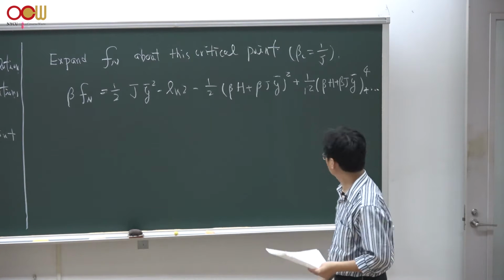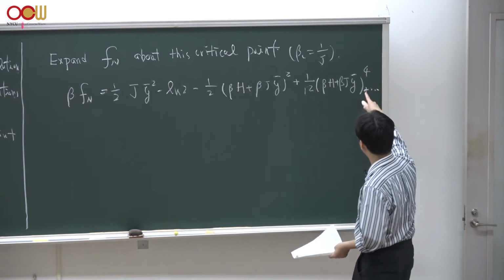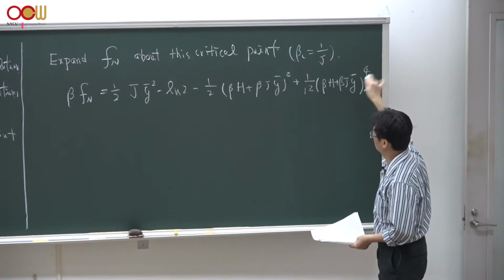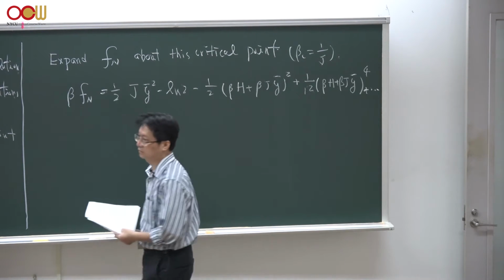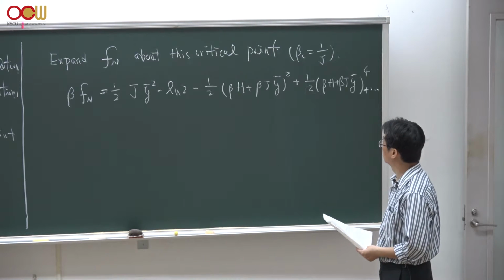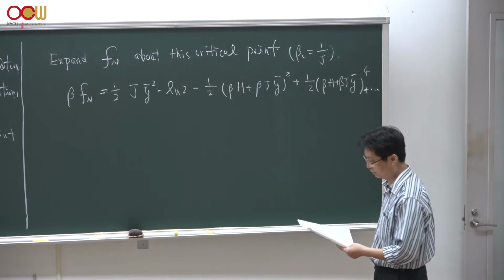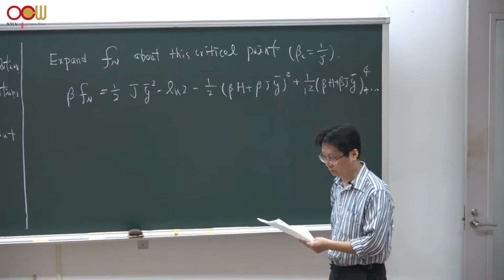We can expand up to, say, fourth order in y bar, and forget about the higher order terms. Later we're going to analyze this free energy function near the critical point and get the critical exponents.